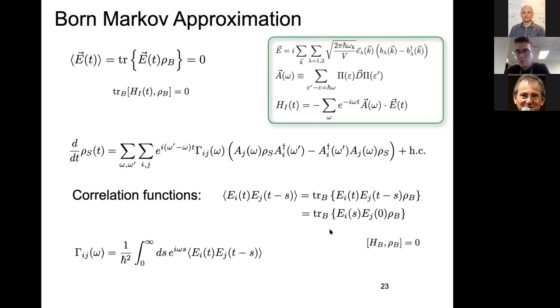The reason that this is useful is because it helps us in evaluating the one-sided Fourier transform.